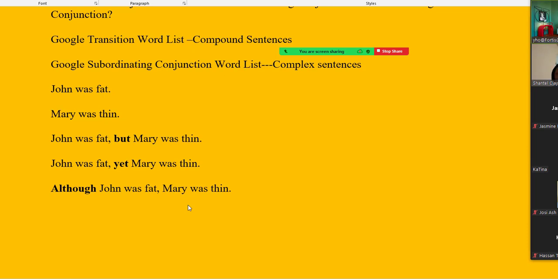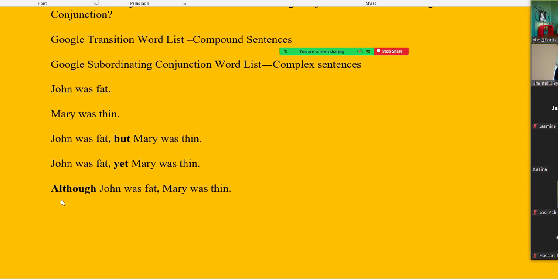Because if I simply write in my essay, although John was thin, and then I don't say anything after that, that's not a complete sentence. And believe it or not, I see a lot of people write like that. Usually they write, especially John was good. I'm like, that's a sentence fragment. Anything with especially, because especially is not a transition word. It's not a coordinating conjunction.